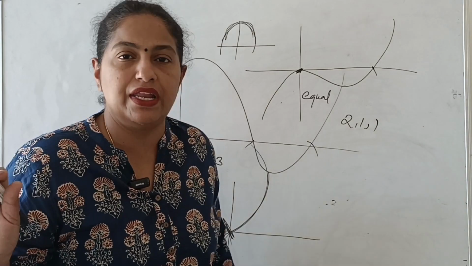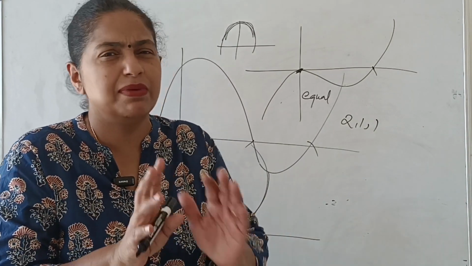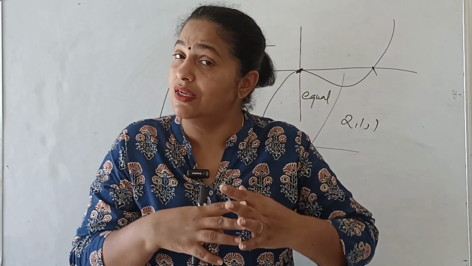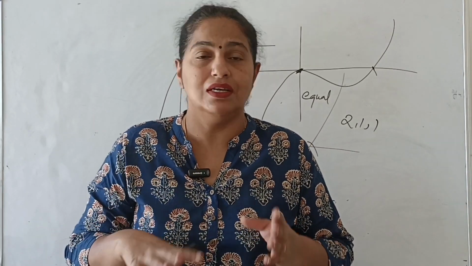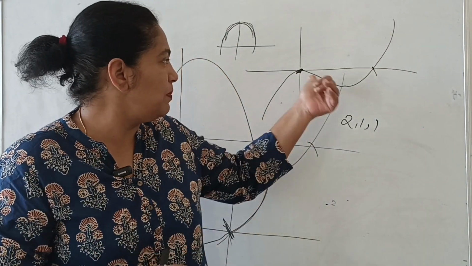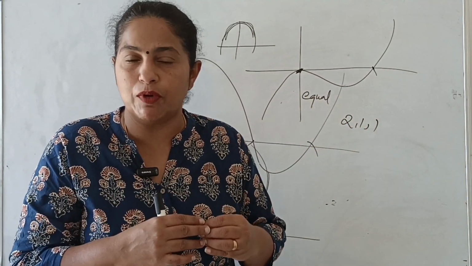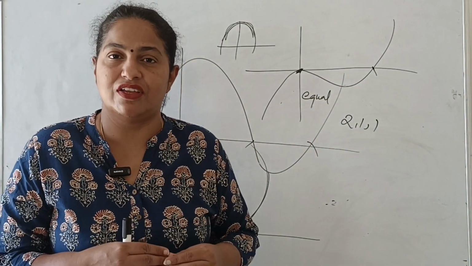That is how you identify a quadratic and a cubic polynomial roughly from the graph. But don't worry too much. They will not ask you such complicated questions. Just for your information, I told you to count the turn. Otherwise, just see the places. They will mention something about what kind of polynomial it is, and then you can understand it. Okay.